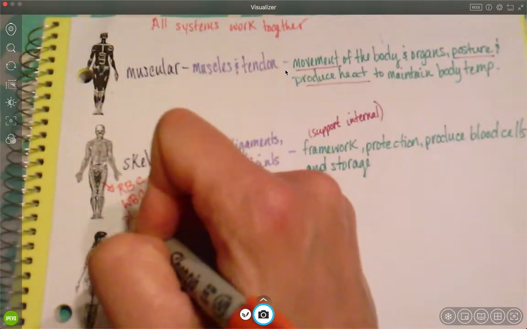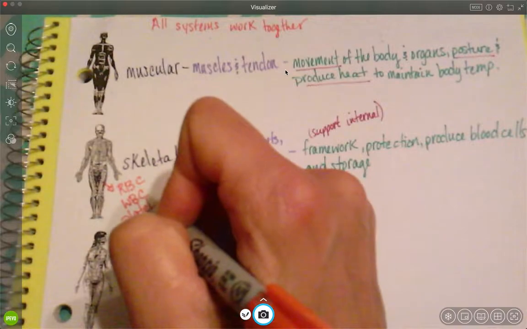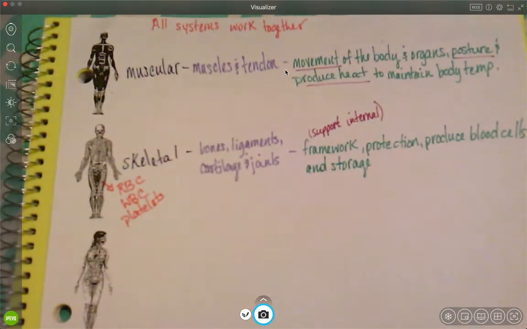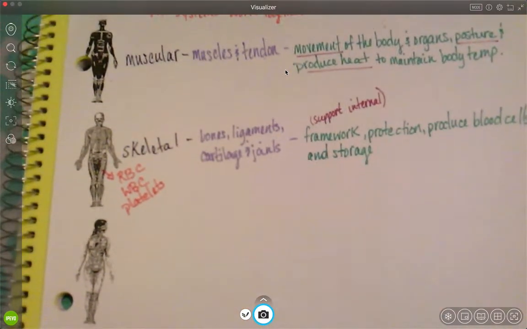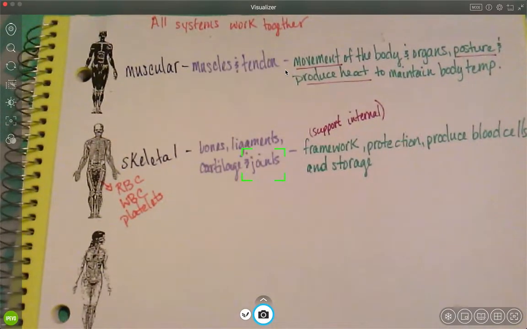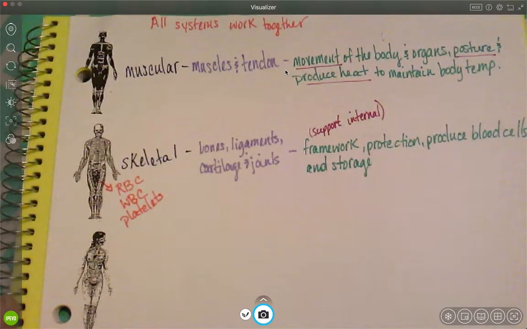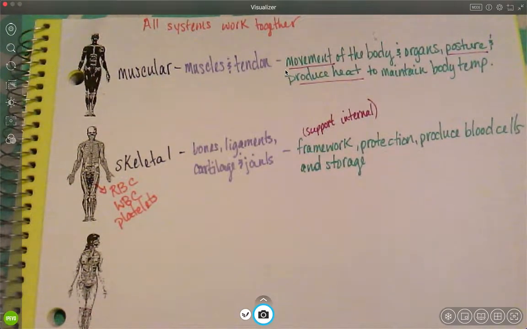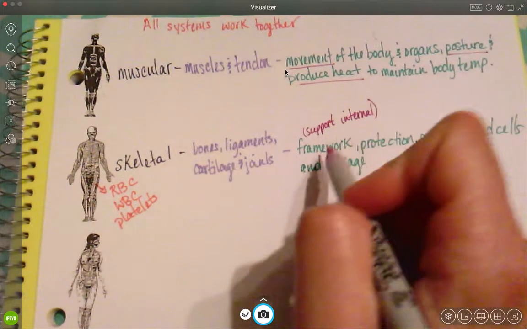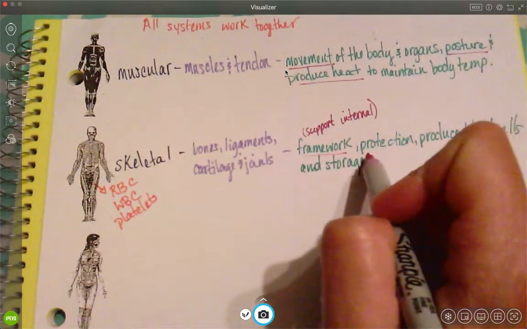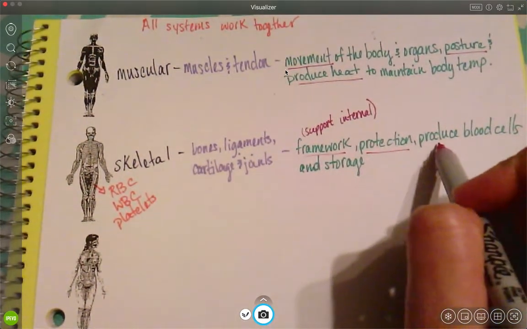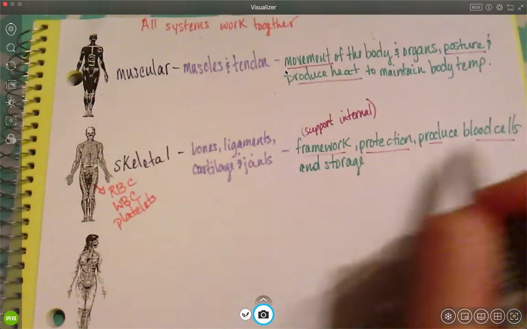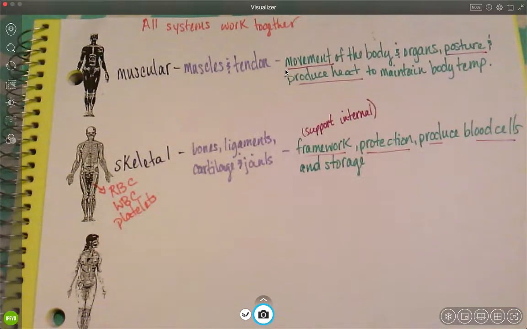And we're going to make platelets. So these are my blood cells that I'm going to find. Red blood cells are going to carry oxygen. White blood cells are going to help fight diseases. And platelets are going to help clot blood. So the main functions are my framework, my support, my protection, and produce blood cells. Those are going to be some of the big ones here.